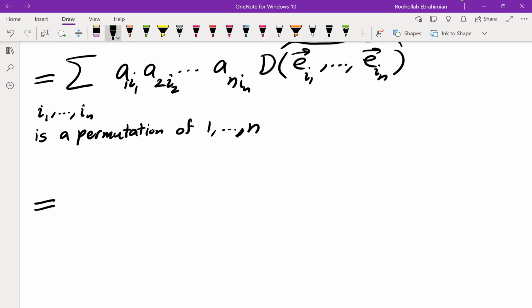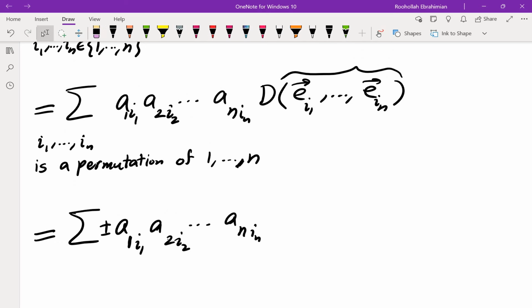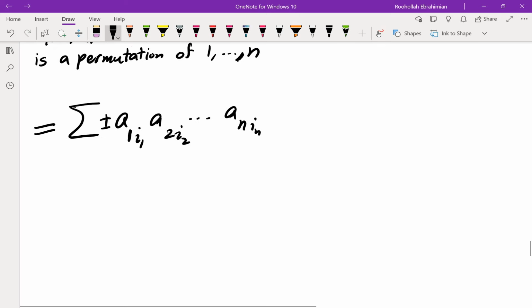So in essence, this is going to end up being a1 I1, a2 I2, etc., an In, and there's going to be a plus or minus depending on how many times you need to turn this matrix right here into the identity matrix. In other words, if there is such a d, there can't be more than one. It would be just exactly this one.